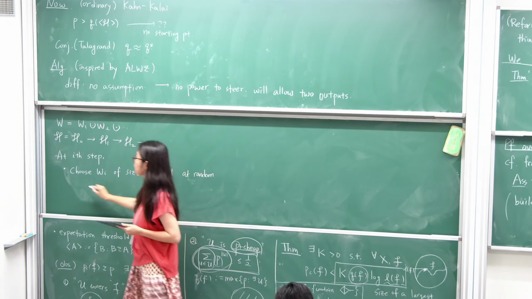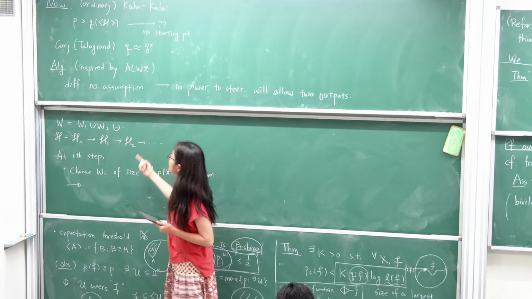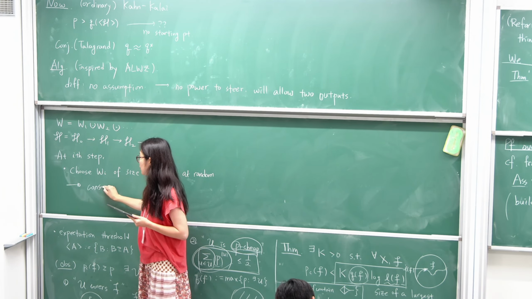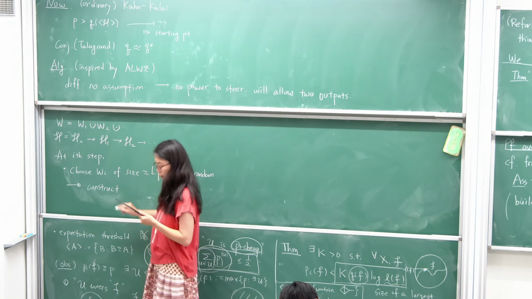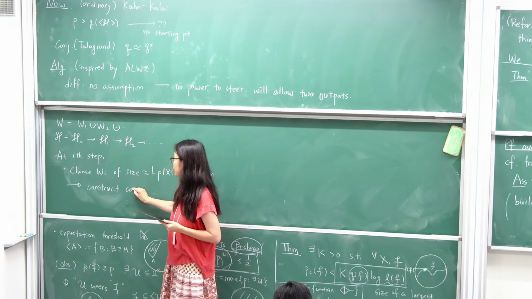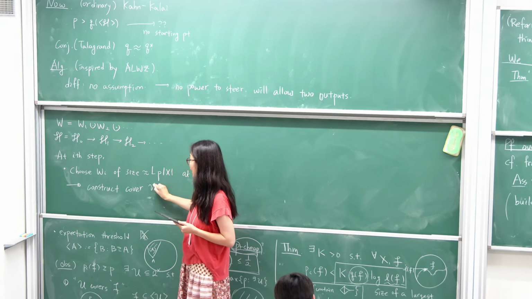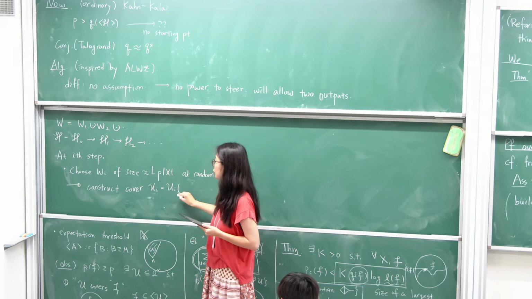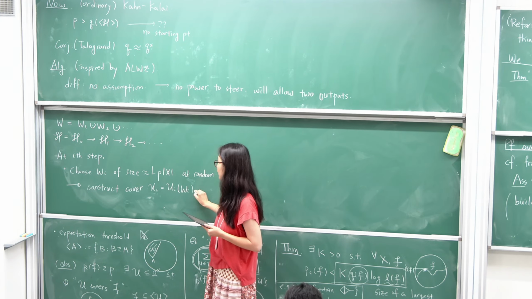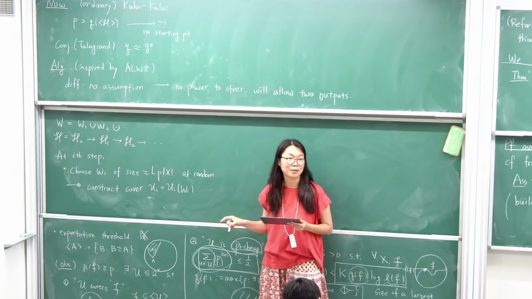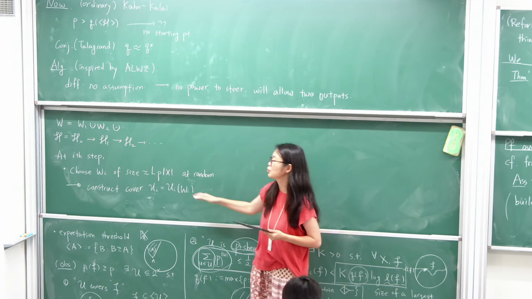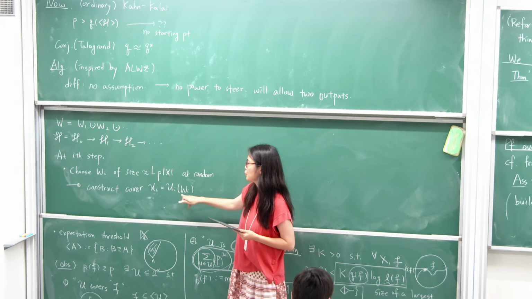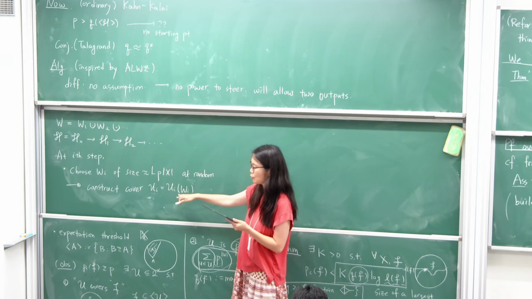And then, using this Wi, we construct a cover Ui. This is the ith cover that depends on our choice of Wi. So this is a randomized algorithm, which means every choice depends on the choice of Wi. So depending on the choice of Wi, we construct a cover Ui.